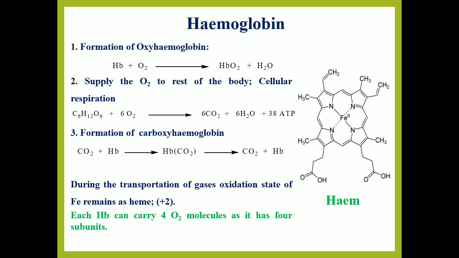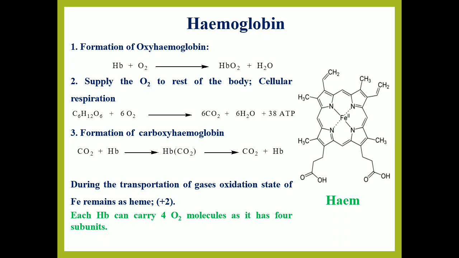So this oxygen is liberated and used for the cellular respiration process. Oxygen reacts with glucose and converts it into carbon dioxide, water, and ATP generation takes place. This CO2 will again react with hemoglobin and form carboxyhemoglobin, which liberates the CO2. During the whole process, the iron remains in the +2 state.